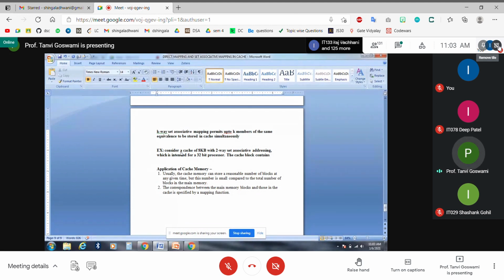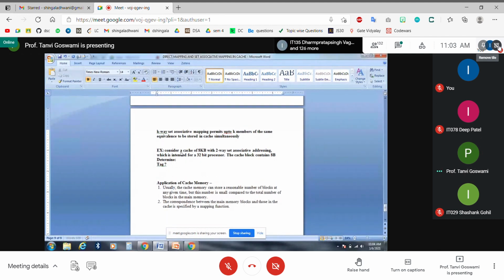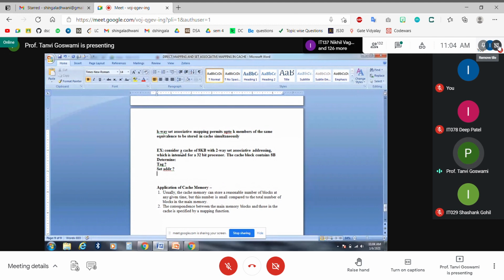The block size is given, which is 8 bytes. What we need to determine is how many bits will be needed in order to identify the tag, how many bits needed to identify set address, and how many bits will be needed to identify the displacement. Is the question clear?